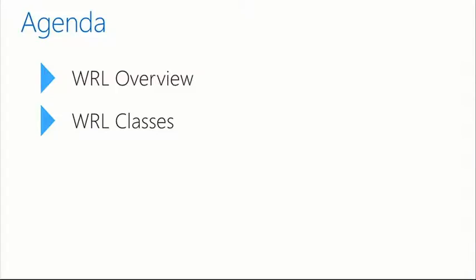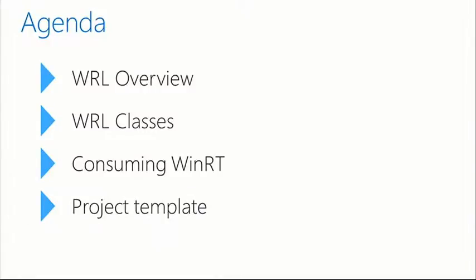So what I want to do in this talk is to give you an overview of what WRL is, why would you want to use it, when would you use it, a quick overview of some of the important classes in WRL, how do you consume WinRT using WRL, and then what about the project template? I want to create a WinRT component based on WRL.